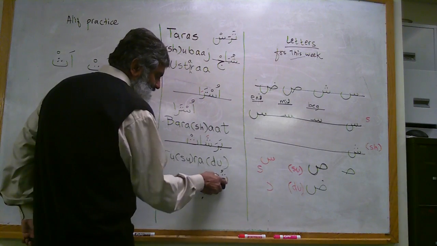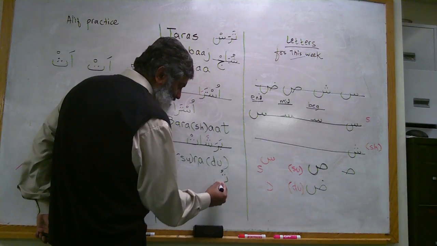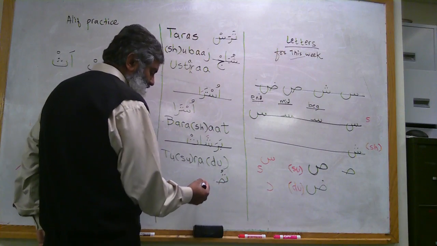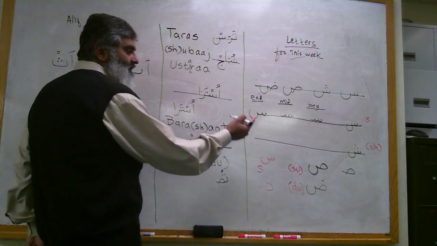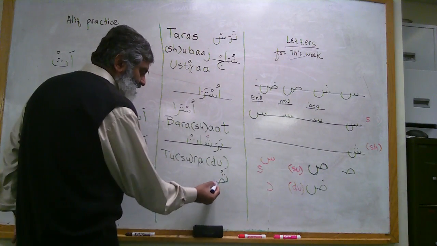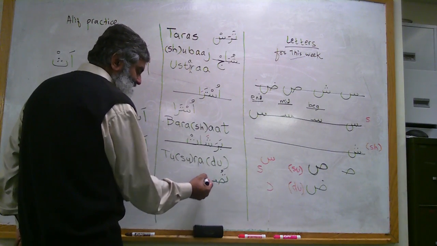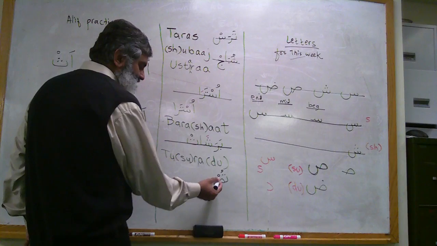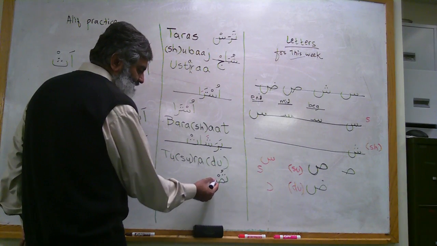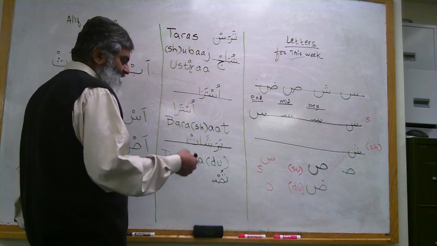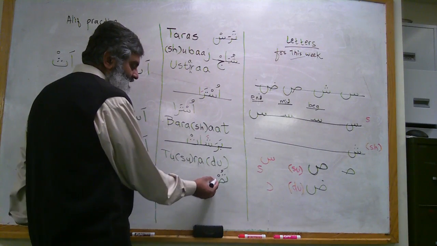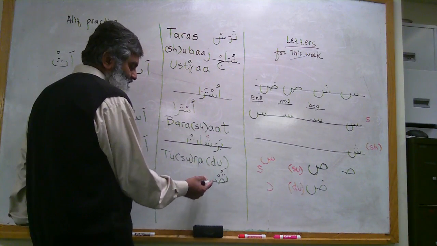Oops, didn't do a very good job of making the oval shape. Sod. And if you look at the beginning, middle, and end form in your worksheet for sod and dod, you will notice this. Sod has a sukoon, and then there is some space after it. You can use it, you can skip it. You have to learn over time when to use this extra space and when not to.